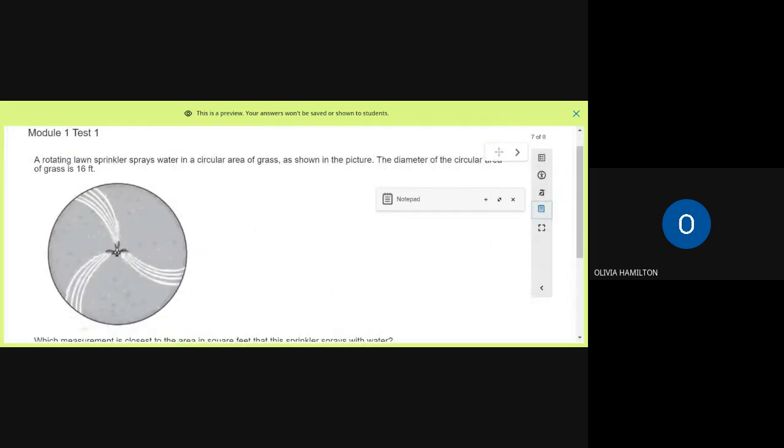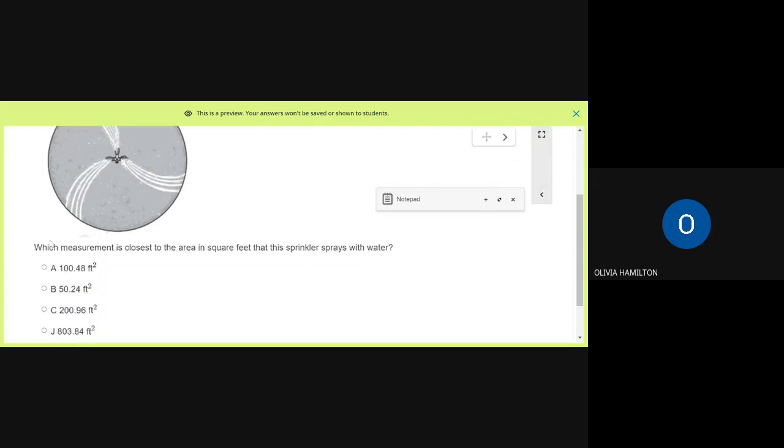Number 7, a rotating lawn sprinkler sprays water in a circular area of grass, as shown in the picture. The diameter of the circular area of the grass is 16 feet. So basically, water sprinkler going around watering the grass in a circular motion.